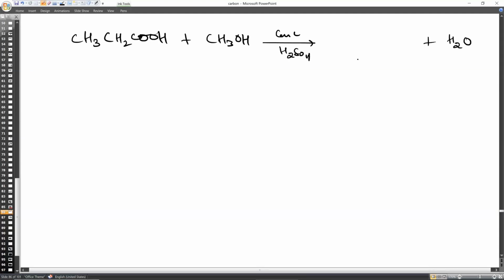Tell me what's the name of the ester that is going to form here, and what is the formula of that one? Methyl ethanoate.